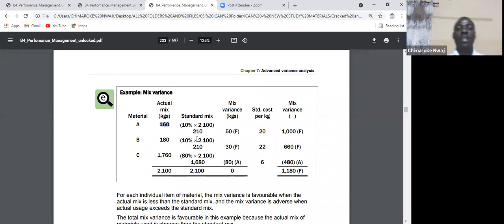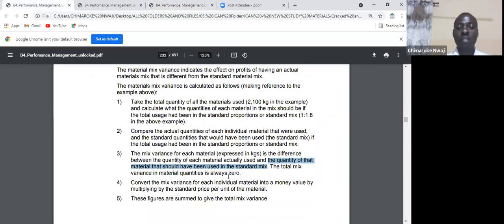Material B, this is your standard mix. For 2,100 kg, you're supposed to use 210, but now you are using 180. That means you have 30 favorable. And then for material C, when you compare standard with actual, you will find out that you used more than the standard. So you have 80 adverse. And they told you that the total mix variance in material quantities is always 0.